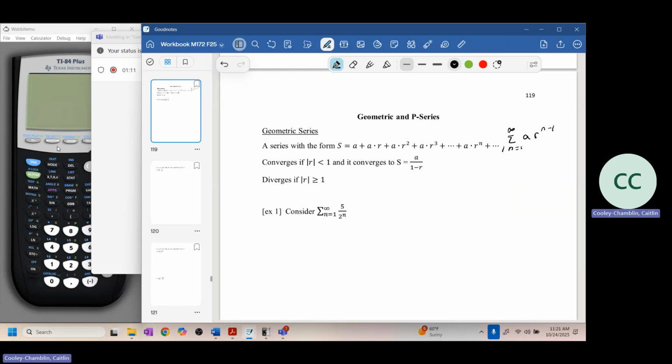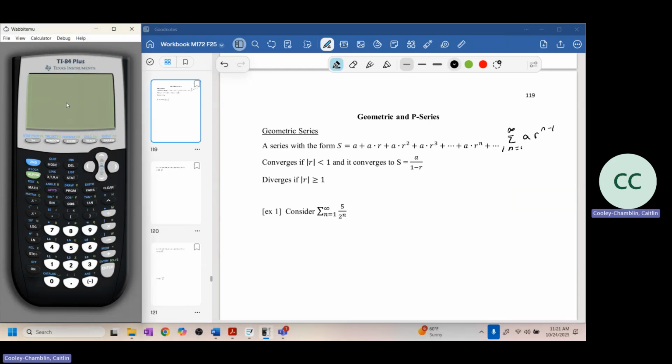Good morning, everyone. Today, we are going to cover geometric and p-series tests. In our last video, we looked at an introduction into series, and we noticed how we can sometimes guesstimate if series are going to converge or diverge, and why they might converge or diverge.